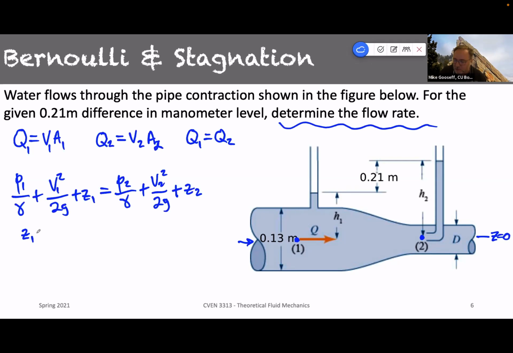So Z1 is equal to Z2, and because they are on both sides of the equation, Z1 is over here and Z2 is over here, they will cancel out, right? Whatever they are above, I don't know, the ground in the room that this is set up in, or sea level for that matter, they will be the exact same number, so we can cancel those out. So the same potential energy exists at point one as there is at point two. It's not that they're zero, it's that they're equal to each other, okay?